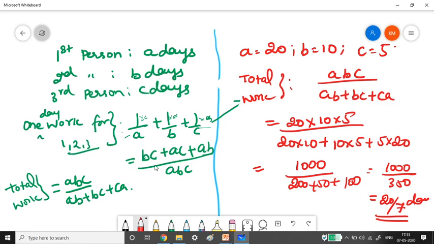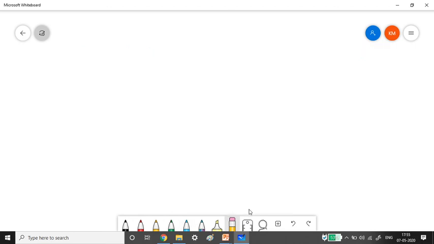You can use this formula straight away. I'll be listing the formulas for you, so you can take a note. I'm just clearing this.